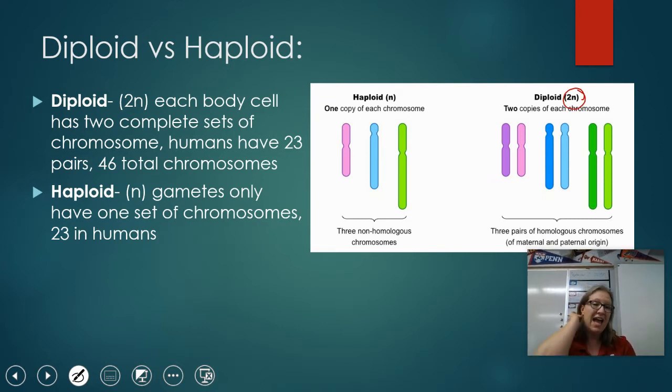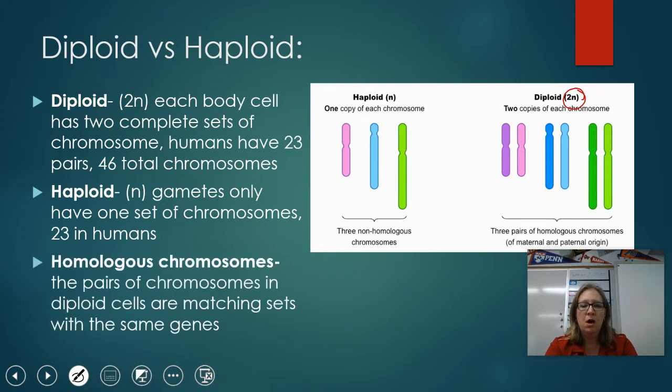Okay, haploid are just the gametes. That's just the sperm and the egg cells, and they only have one set of chromosomes. So instead of a pair, there's just one for each of the 23 chromosomes. Okay, one single chromosome representing each of the 23 chromosomes. So it reduces that number in half. Homologous chromosomes are that pair. Okay, so you can see these pairs right here.